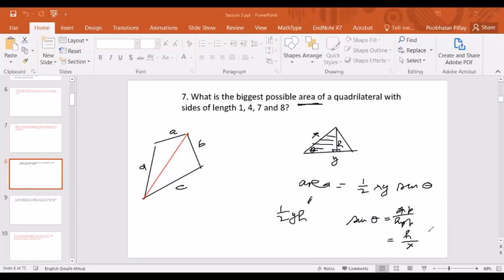That gives you h equal to x times sine theta. So if you put your h inside here, you get half y times x sine theta, and that's exactly what we said in the beginning. Half xy sine theta.